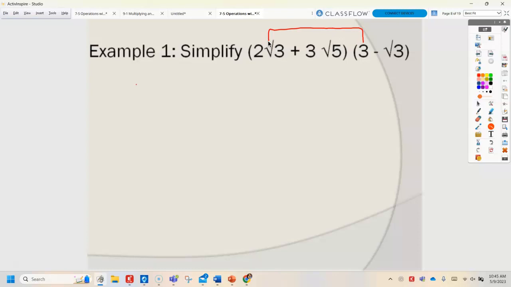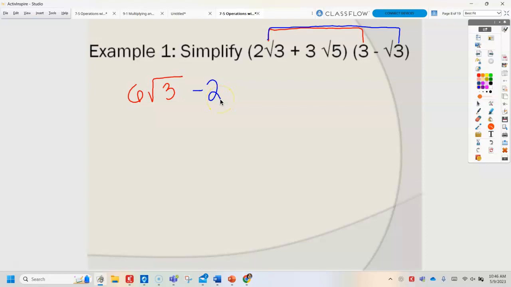So you get 6 square roots of 3. That's your first. Then FOIL says outer. You get 2 times -1.